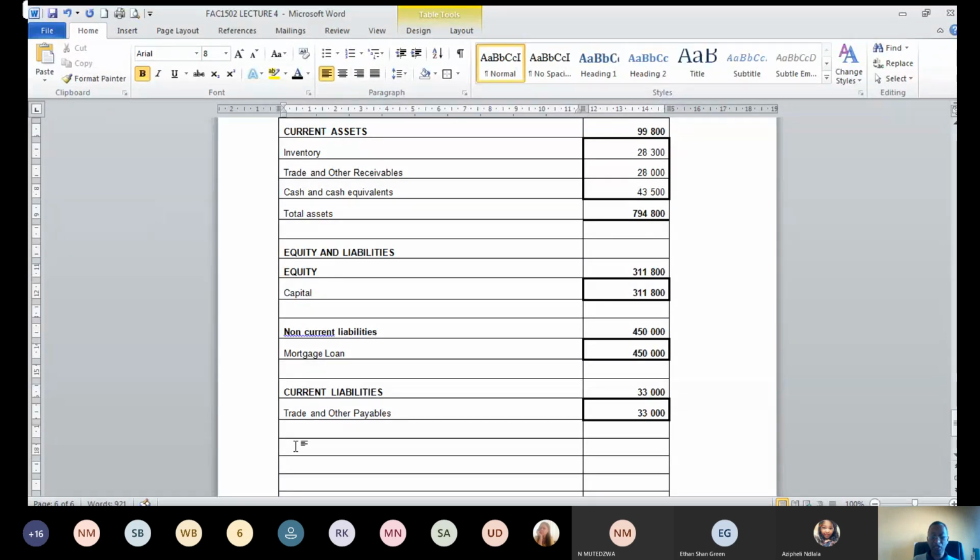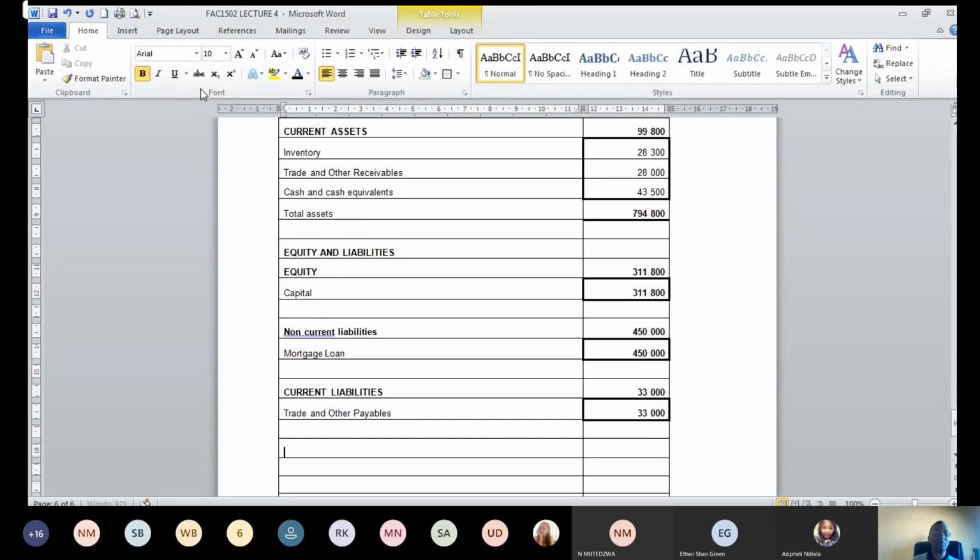And the bottom section of your statement of financial position, here we want to know what is the total equity and liabilities.